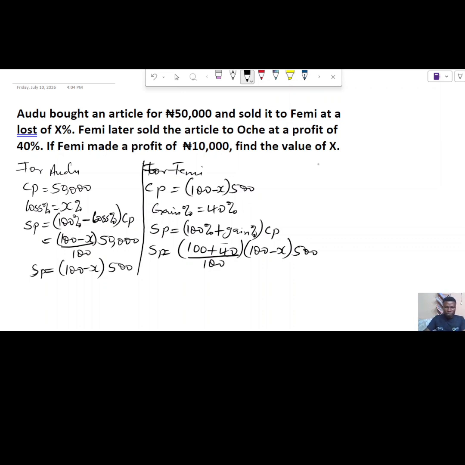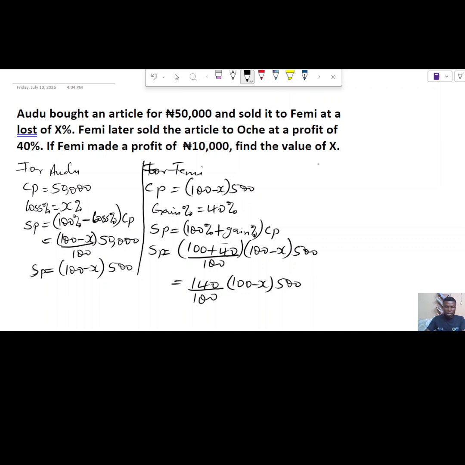So if you simplify further, we have 100 plus 40, that is 140 over 100 into 100 minus x, then 500. Now if this 100 cancels this 500, we'll be left with 5.